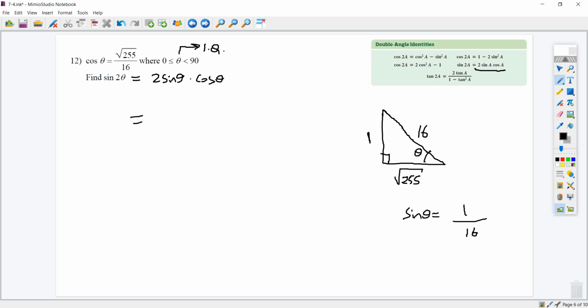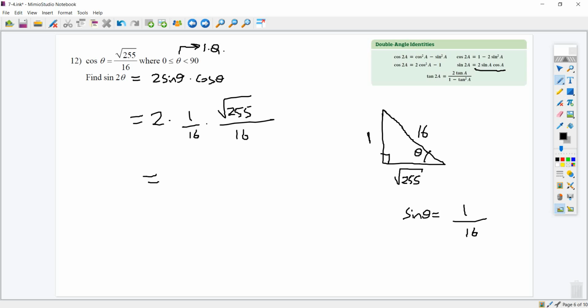Alright, so let's finish the question. 2 times 1 over 16 times root 255 over 16.